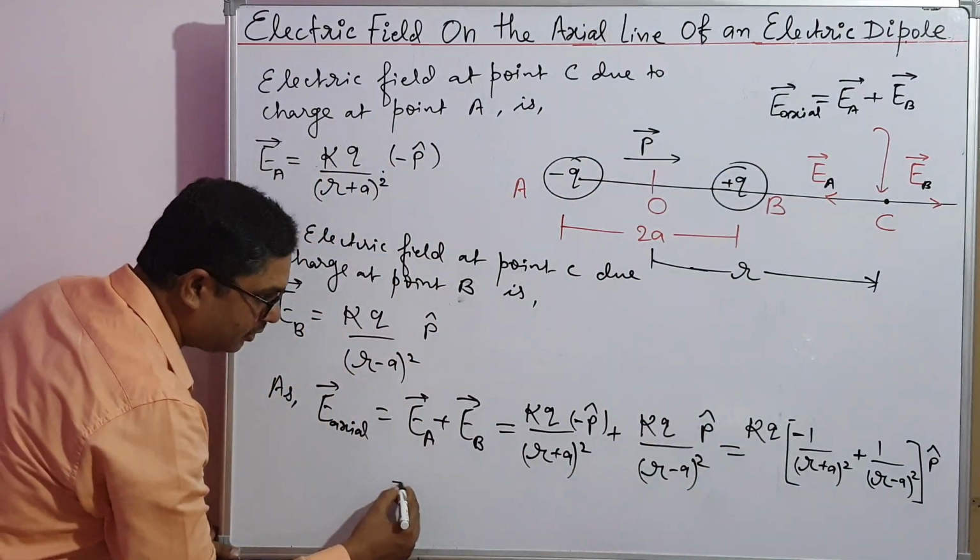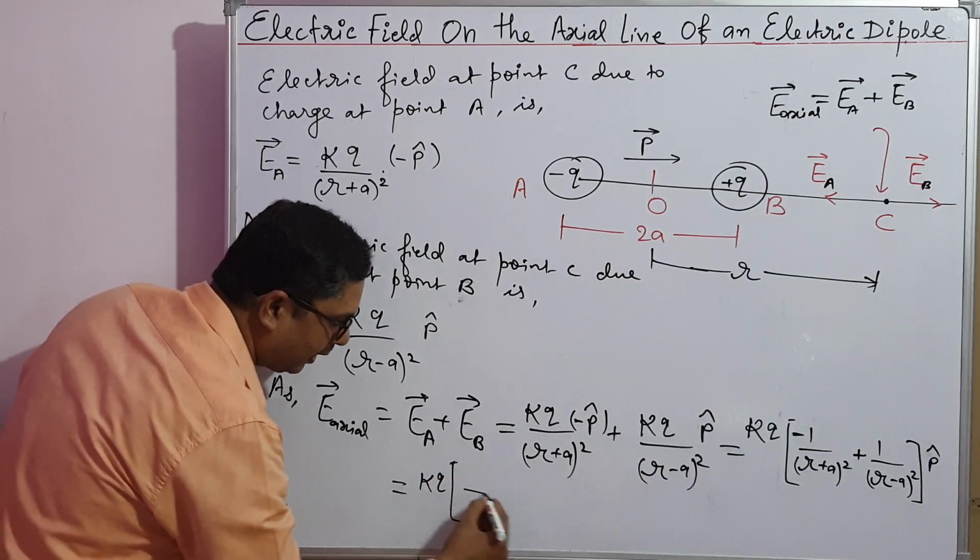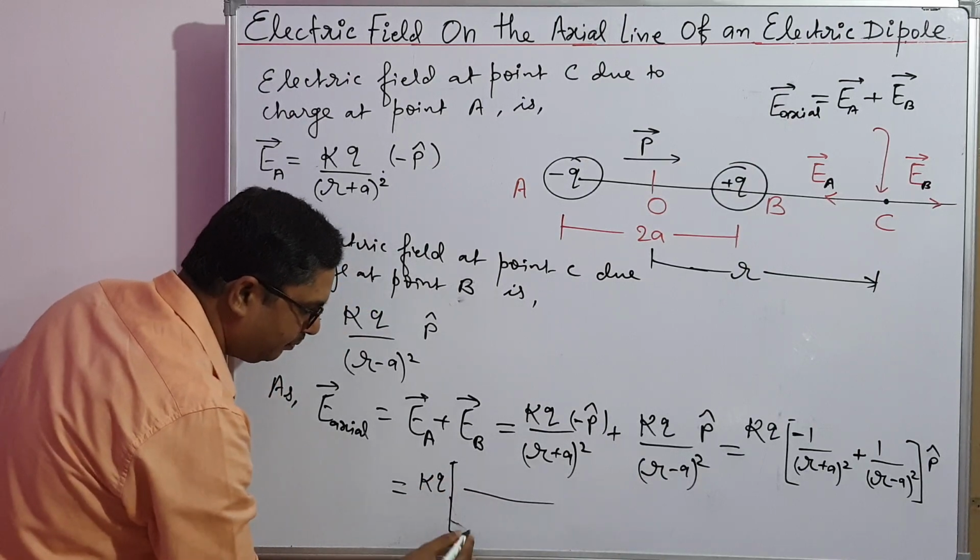So you have KQ under bracket, take the LCM.